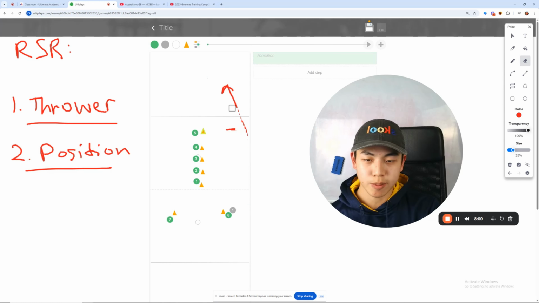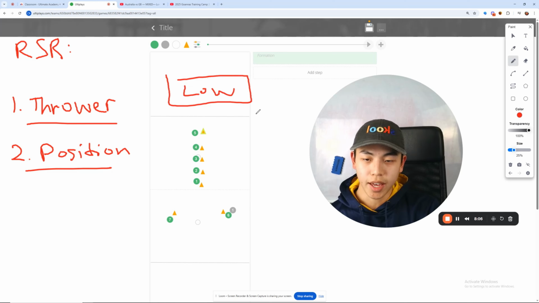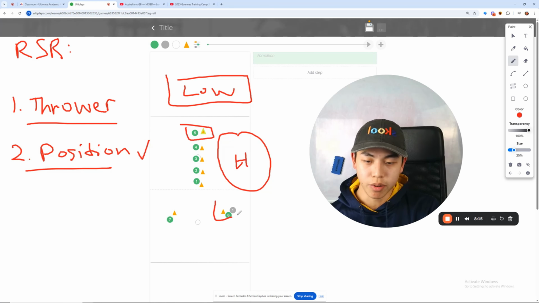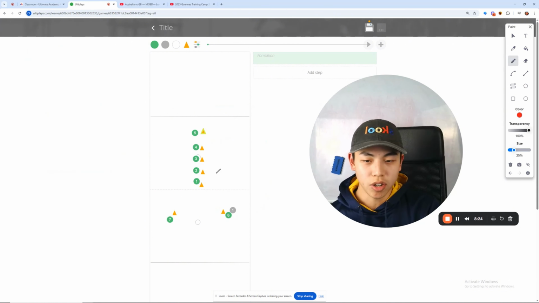It means that the risk space, let's think in risk space terms, it means oftentimes this is low risk, and a lot of the time, this is high risk, based on the position of where the cutter is and where the thrower is. See, they're so far apart, right? Makes it hard to hit this huck all the way towards the end zone. I'm just going to erase this. So in that situation, we want to be ready to contest harder on the under, stopping this area because it's high risk.